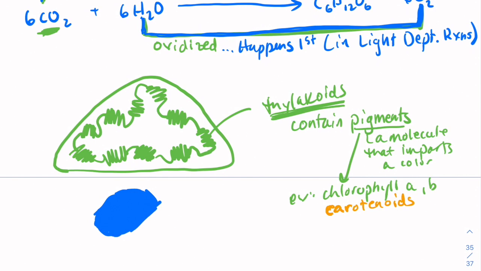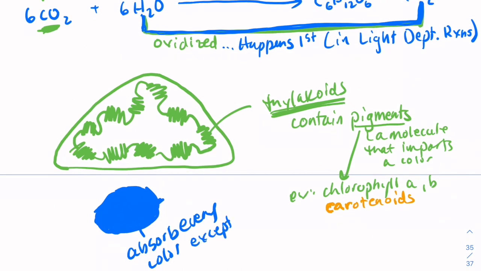But if this were blue paint in real life, and I just have this little blob of blue paint, the pigment molecules in this paint, we say it's ultramarine, basically are absorbing every color except blue. That it's reflecting blue back to us.